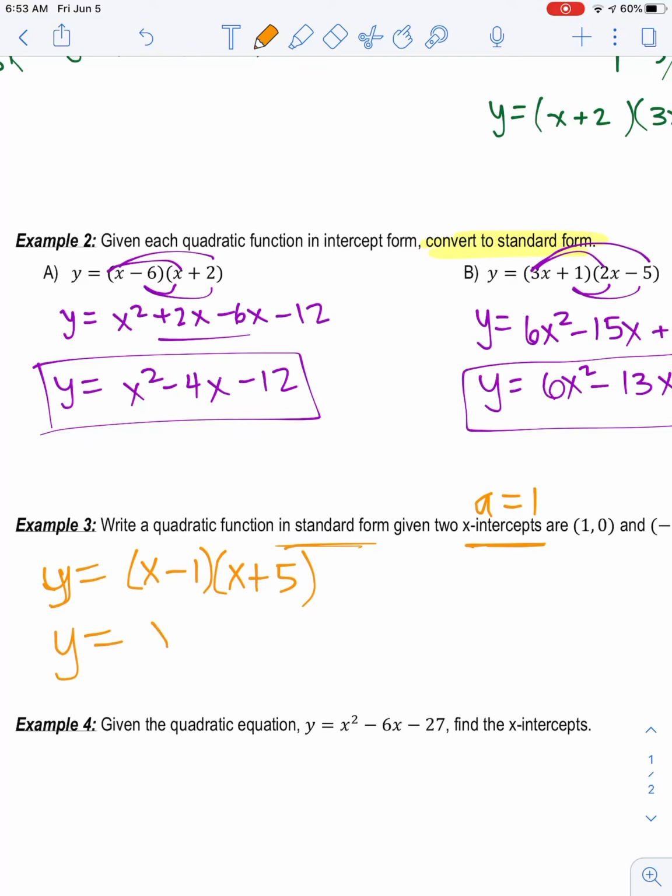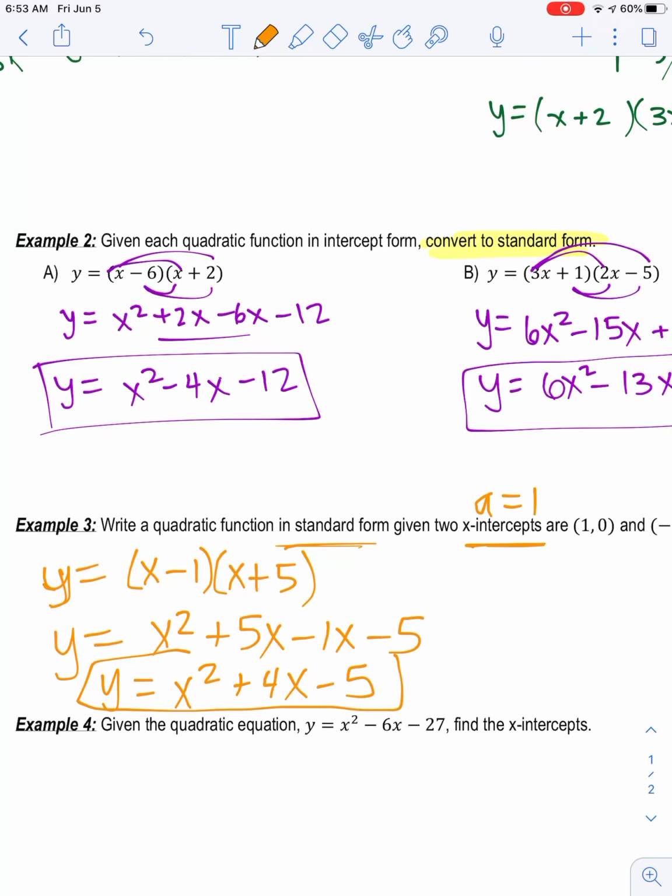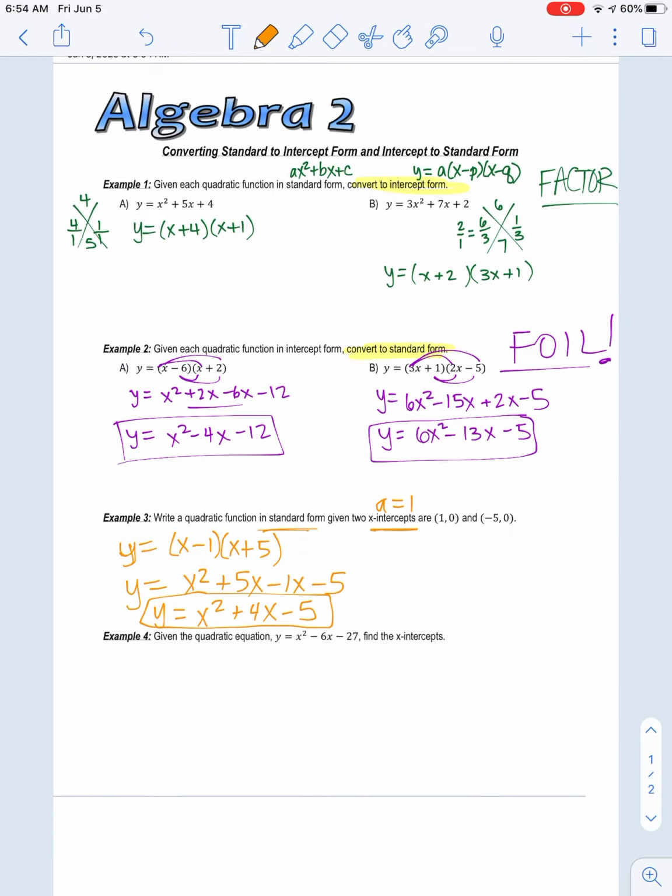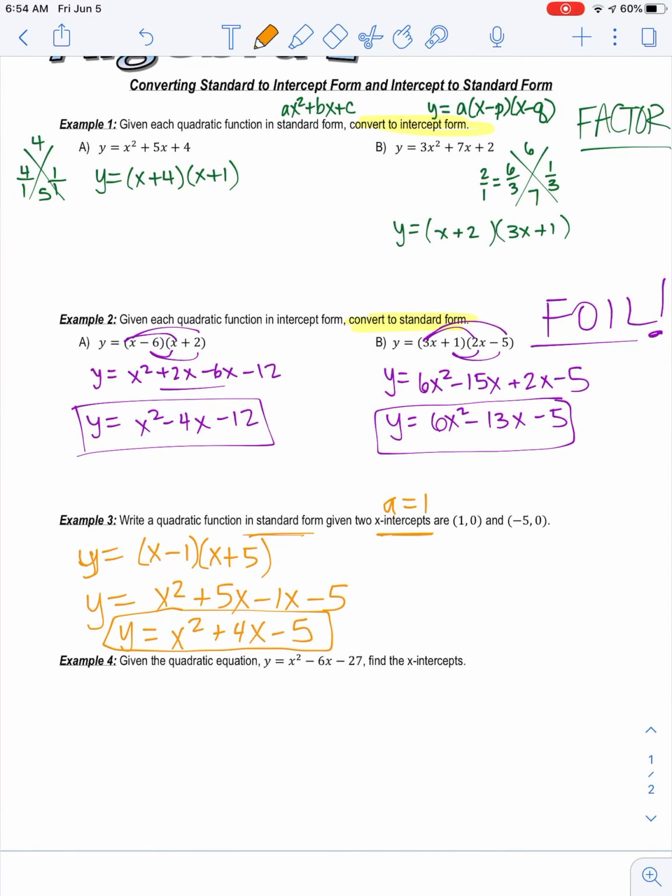So if I FOIL, I get x squared plus 5x minus 1x minus 5. And that becomes x squared plus 4x minus 5. So that's it for example 3. We just had 2 steps. We started with intercepts, converted to intercept form, and then converted from intercept form to standard form.